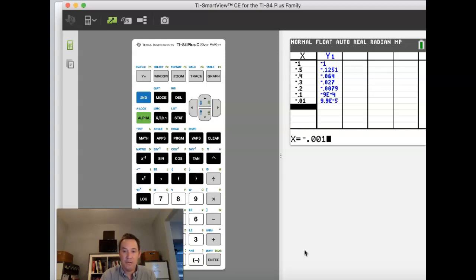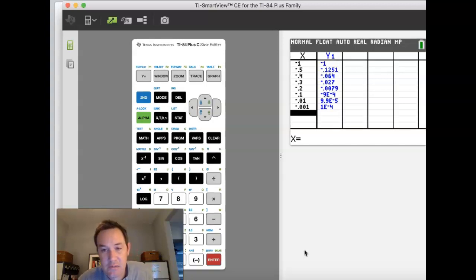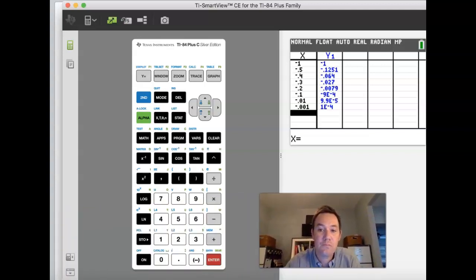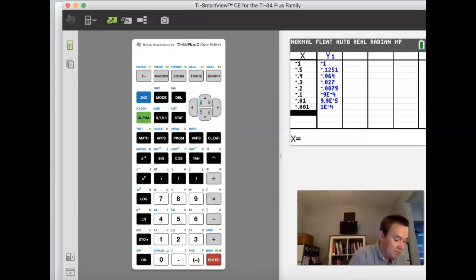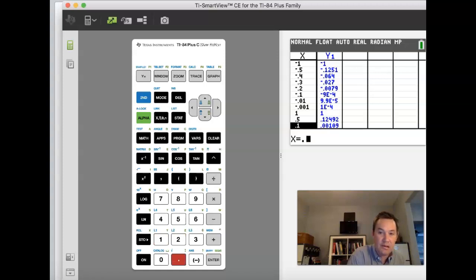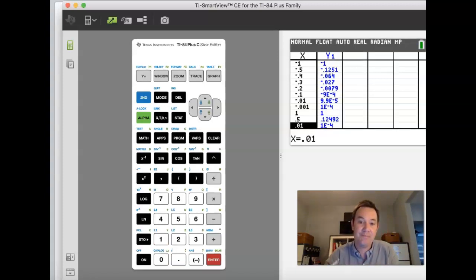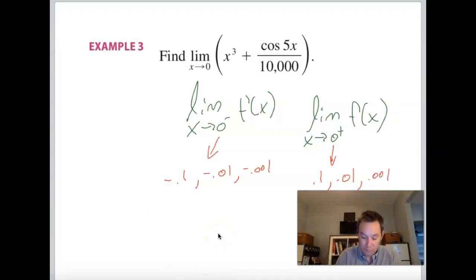And that's scientific notation. Anytime you see a negative exponent, it's just a very small number. Let's come in from the other side. 1, 0.5, 0.4, 0.3, 0.2, 0.1, and it does exactly what we thought. It begins to approach 0 from both sides. So we're going to say overall that this limit is 0.